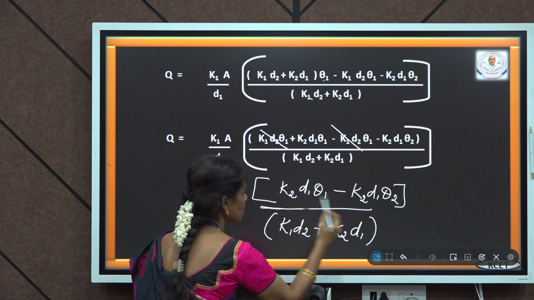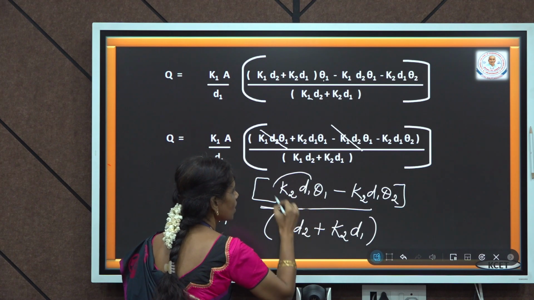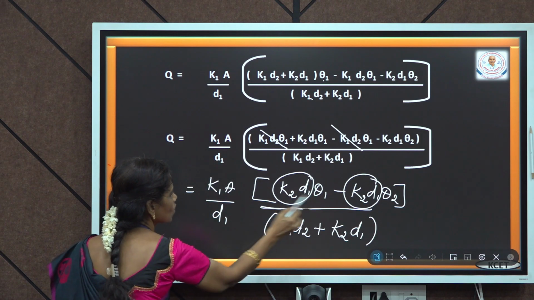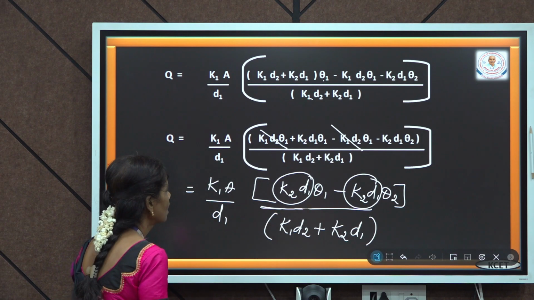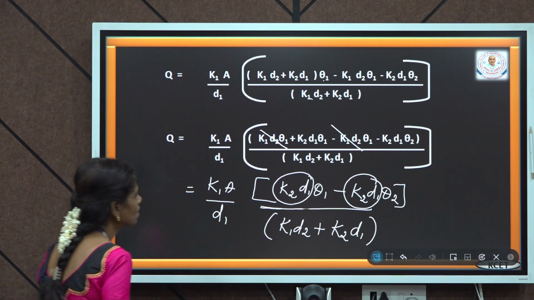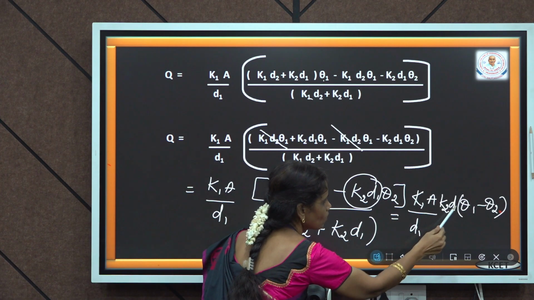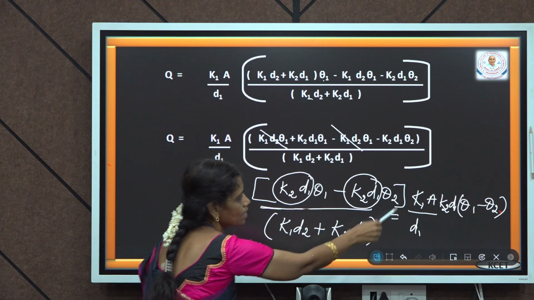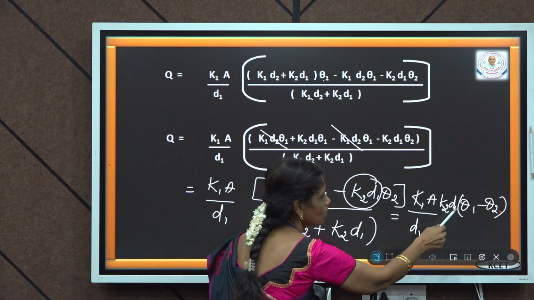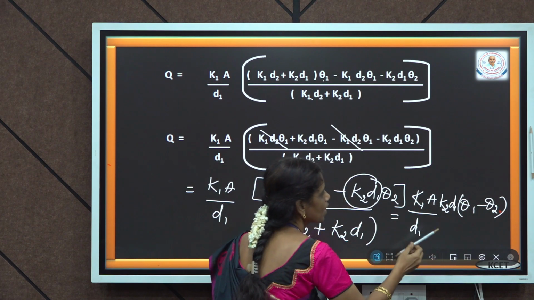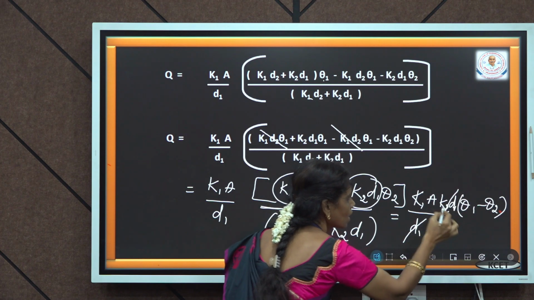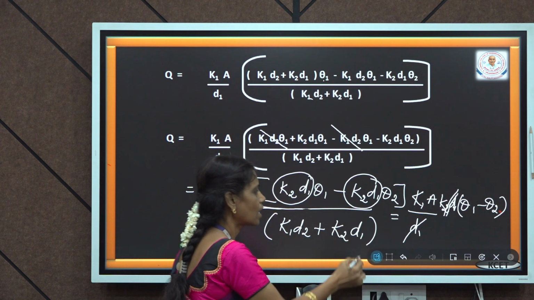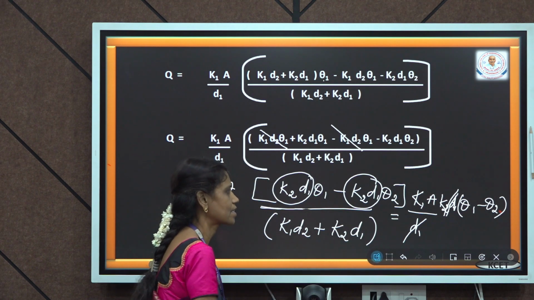In both these terms K2 D1 is common. So, taking these two terms before the bracket, I am writing the expression with the term K2 D1 written before the bracket. So, it is simplified as K1 A K2 D1 times theta 1 minus theta 2 by D1. Here also D1 and D1 are the common terms. So, D1 in the numerator and the D1 in the denominator got cancelled.